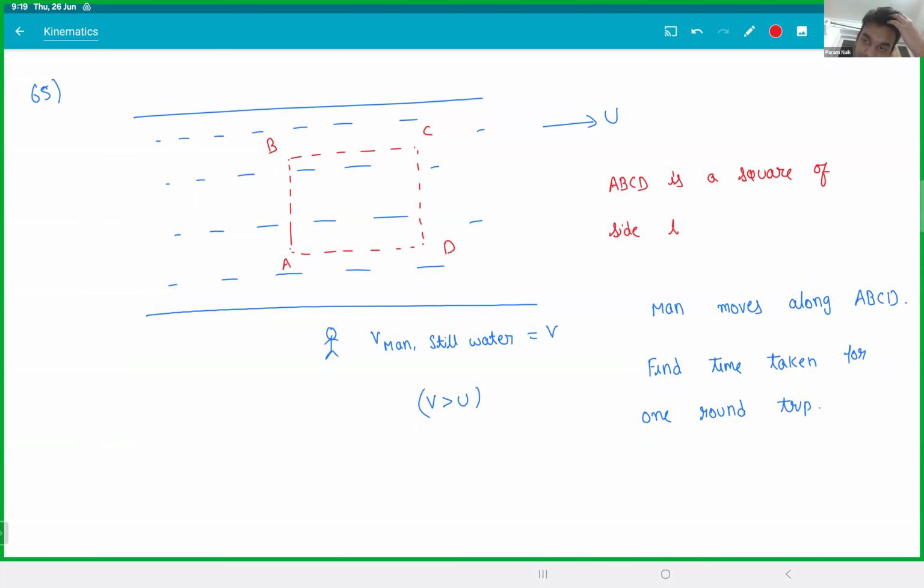His own frame. Then it will be at rest, right? Man will think he's always at rest. If there's an insect sitting on the man's head, what will it think about the man? Think of it like that. Let's say there's an insect sitting on my head, it will think I'm always at rest. It will think the world is moving. The way we think the earth is at rest and all the planets are revolving around us.